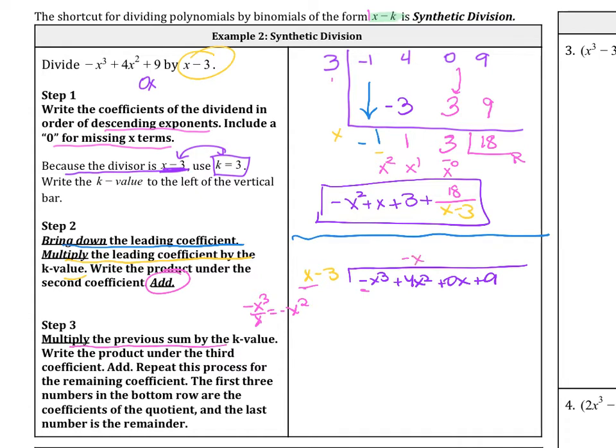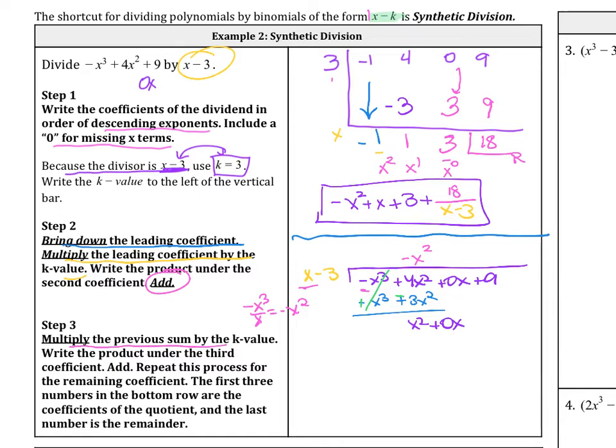So that goes here in the x squared place. Then I multiply negative x squared times x. So that is negative x cubed, and then negative x squared times negative 3 is a positive 3x squared. Then we subtract by changing the signs to opposite. So this cancels out. 4 minus 3x squared is an x squared plus 0x.